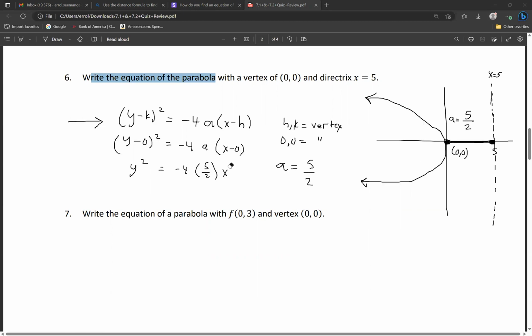So let's erase this part right here, and then just stick the 5 over 2 right here where the A is. Okay, so now they just simplify it.